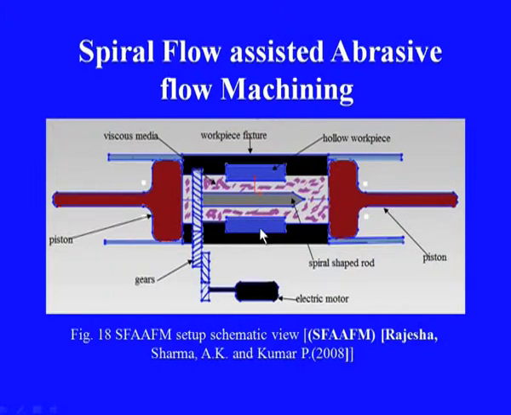In this workpiece, one spiral rod is used, and this spiral rod is given rotation with this motor assembly, and the media with abrasives will be traveling along this workpiece surface, causing more abrasion on this workpiece and giving better results on the workpiece surface.